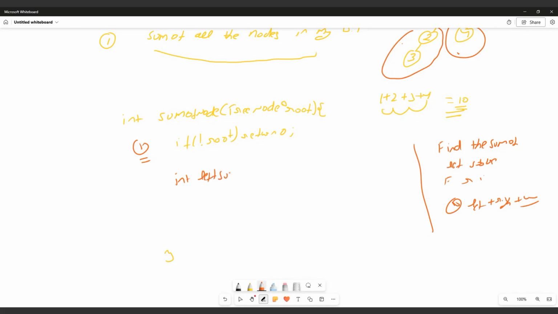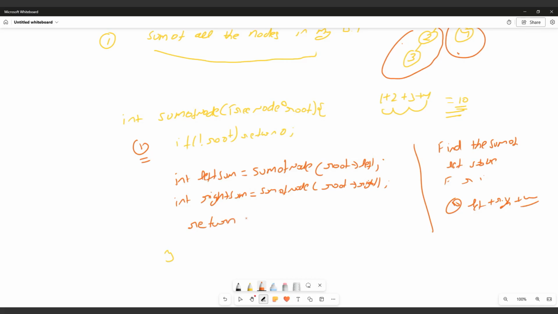Int leftSum is again what? Call the same function, sumOfNode of root left. Int rightSum is sumOfNode of root right. Now add all of it and return it.